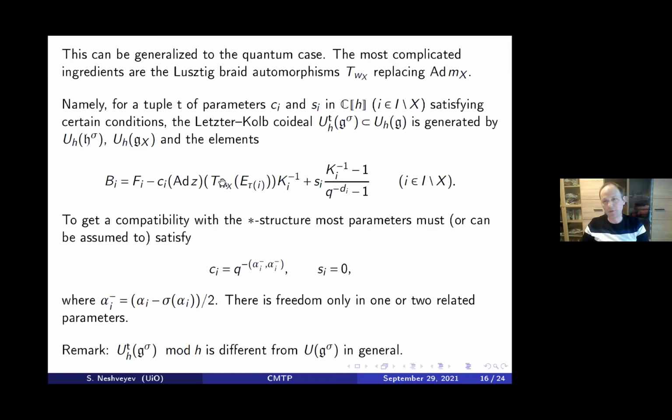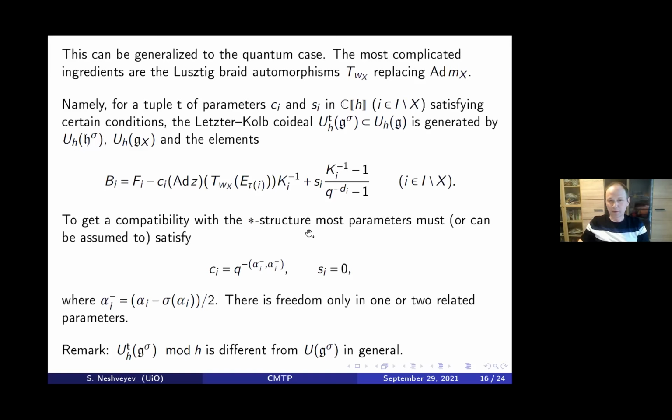So you get tons of these subalgebras, and in fact, it's not clear at all what they quantize and why it's kind of a reasonable one. So it turns out, and this is what we particularly did in our work, that most of these coideals actually do not correspond to something you probably want to consider.